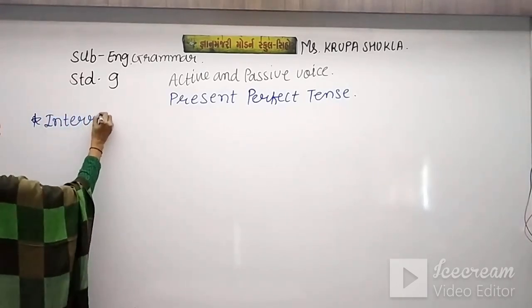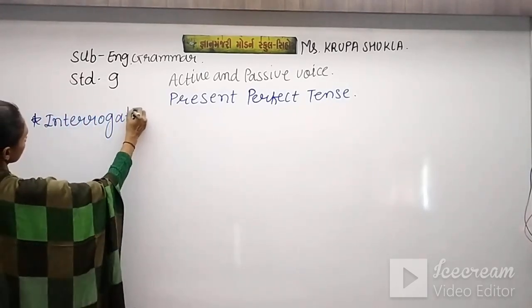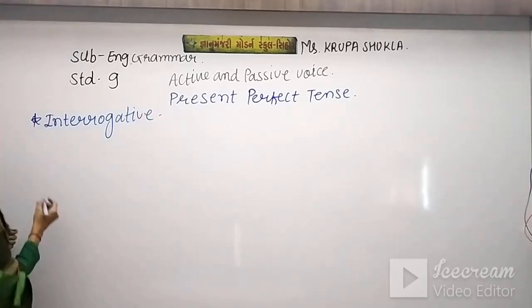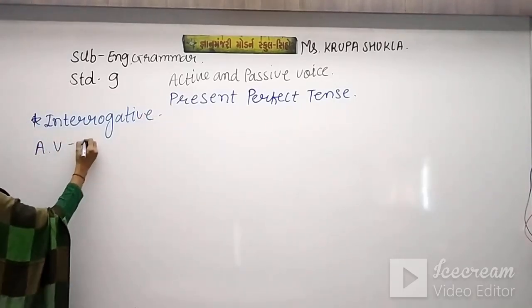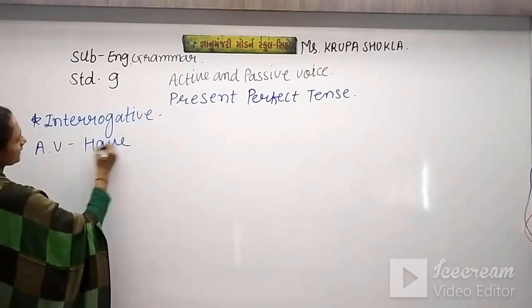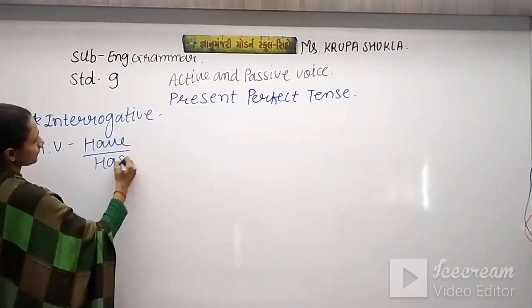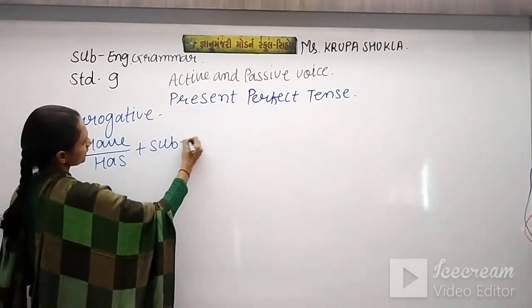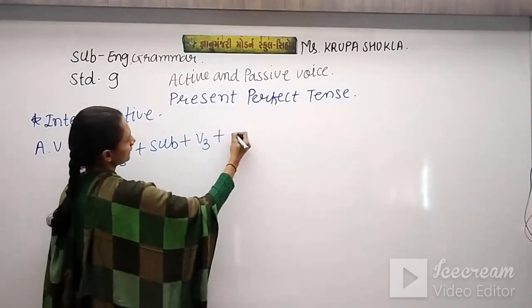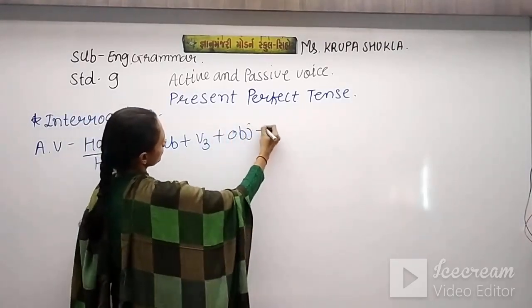Interrogative sentence. The sentence pattern is: Have or Has comes first, plus subject, plus V3, plus object.